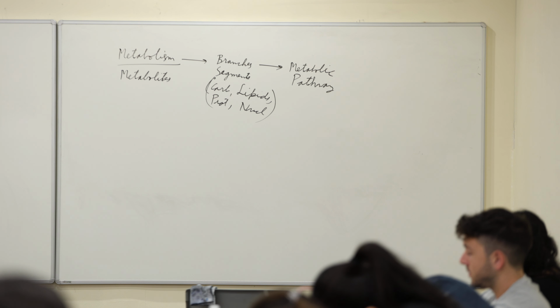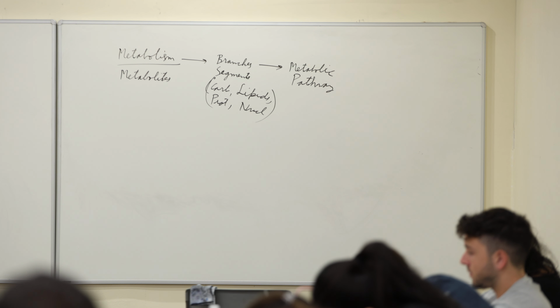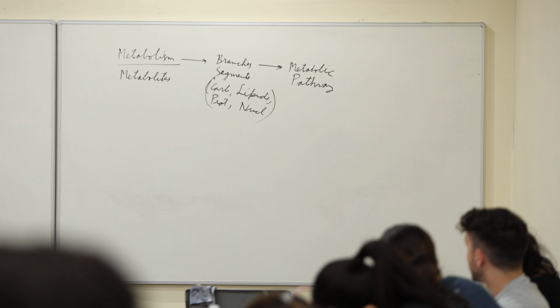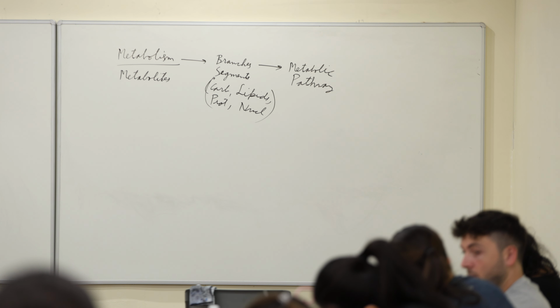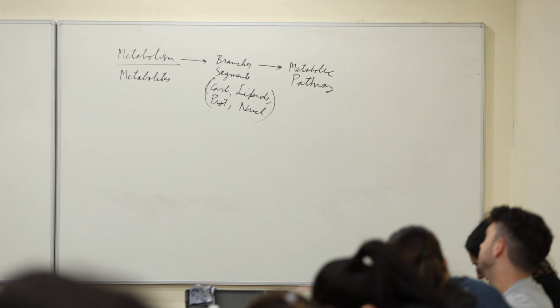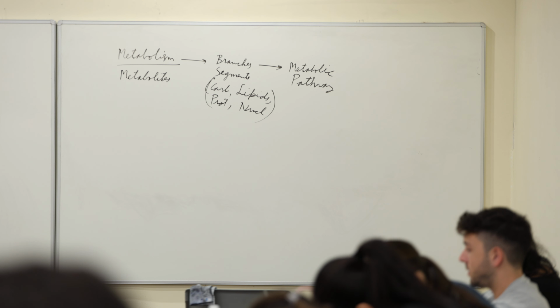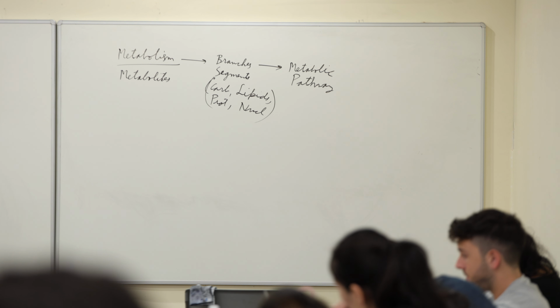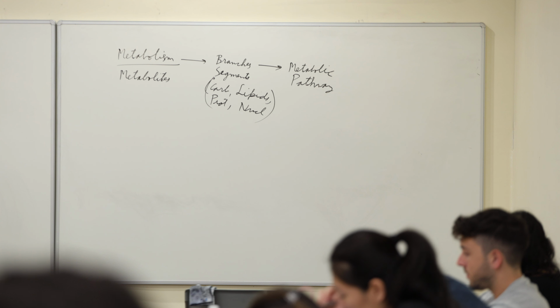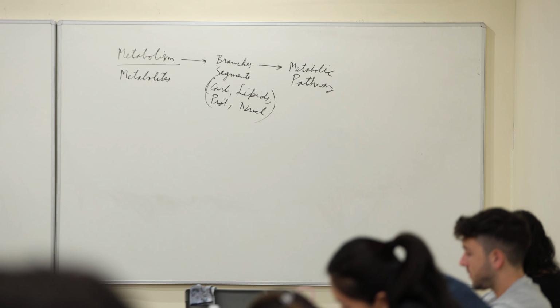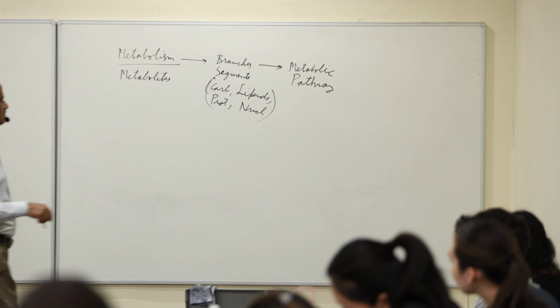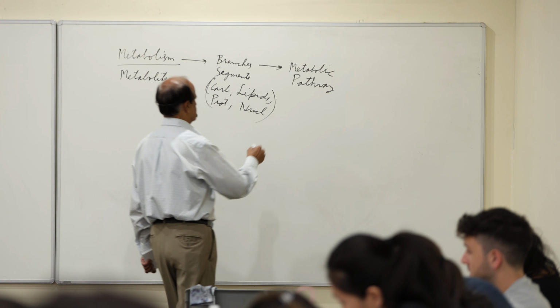For example, you may have heard of glycolysis that breaks down glucose to pyruvate. Or you can have gluconeogenesis, which means making new glucose, converting pyruvate to glucose. There are a series of reactions that do that, and that series of reactions is called a pathway.